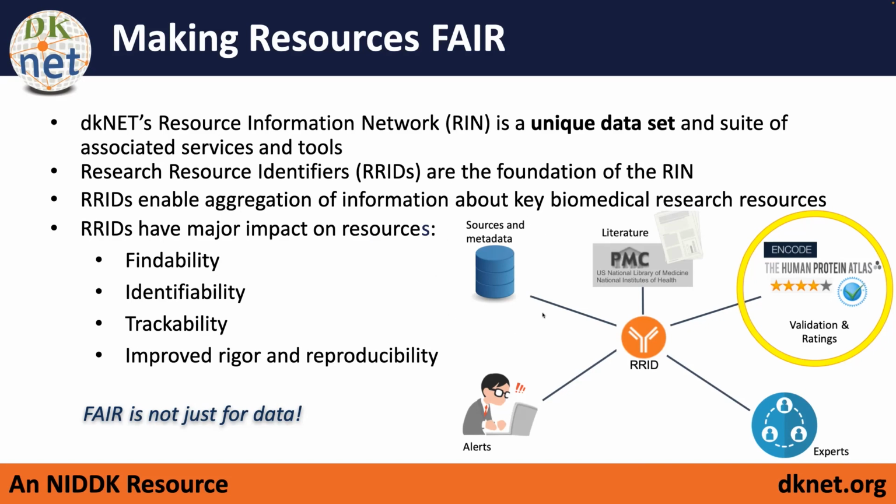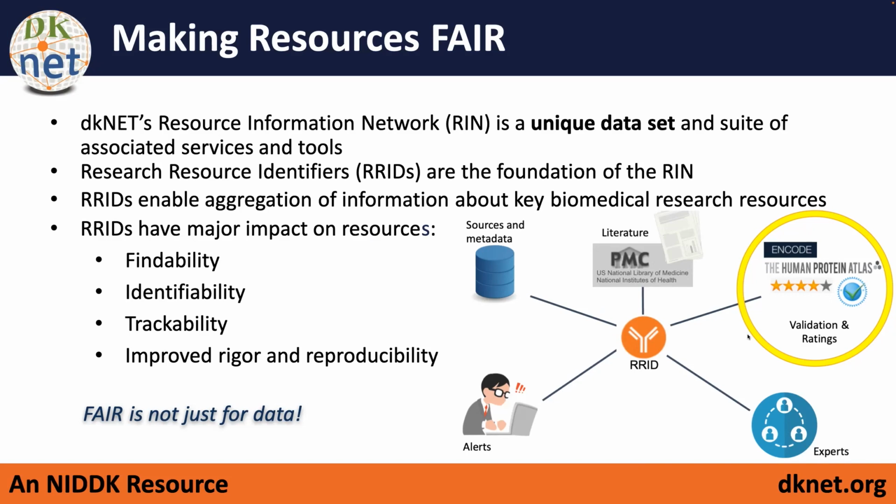So we have community resources with information about these resources that we pull information from. I've already mentioned the literature, where we're able to scan, using natural language techniques and other techniques, to pull information about what RIDs are represented in which publications. But then there are also a number of different projects.